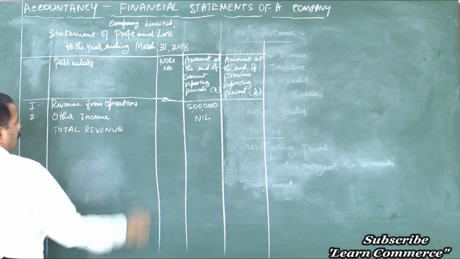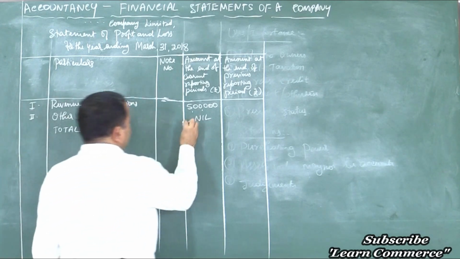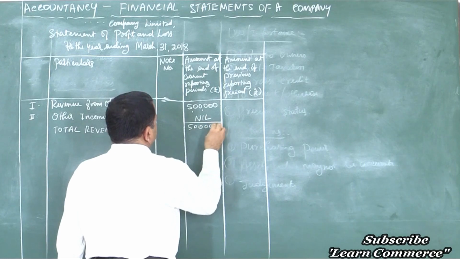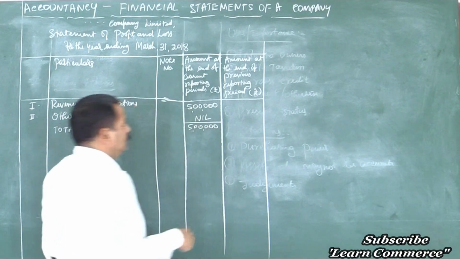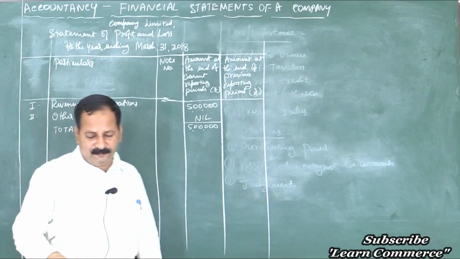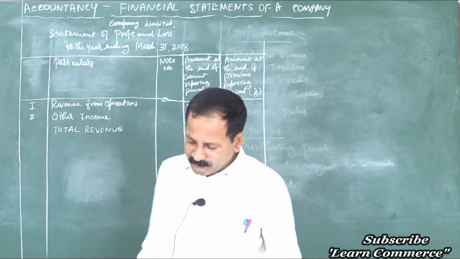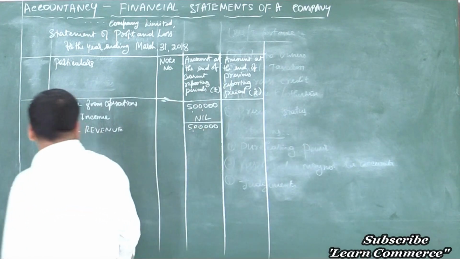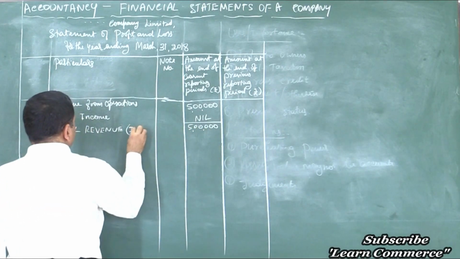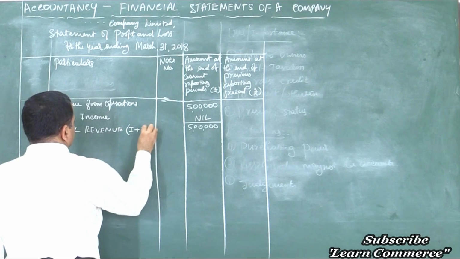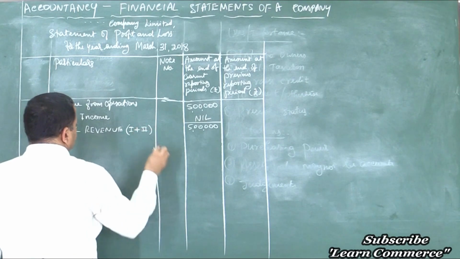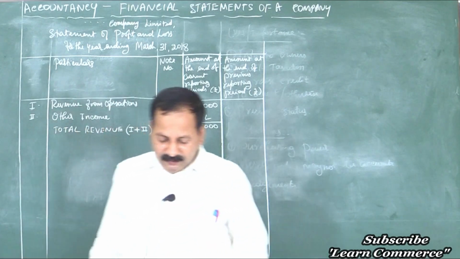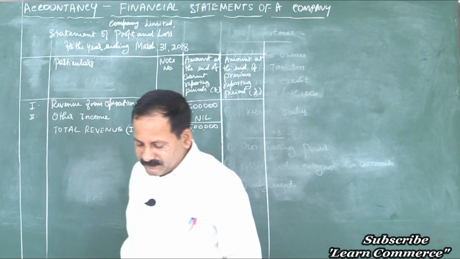How much will it be? Add it together. 5 lakh, right? Yes. Then total revenue is 1 plus 2, wasn't it? 5 lakh. It's done.